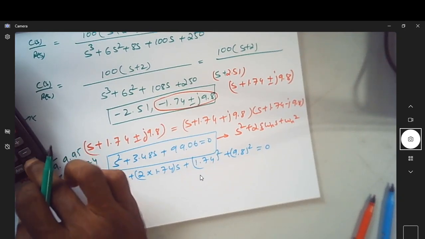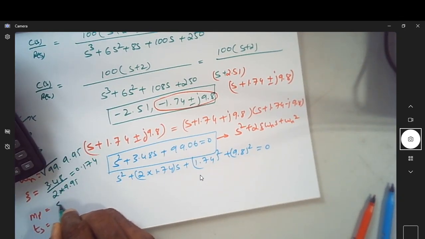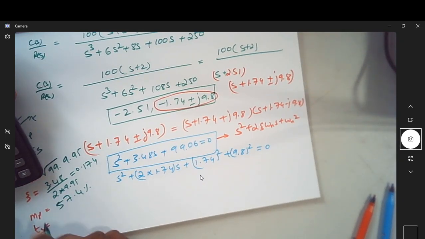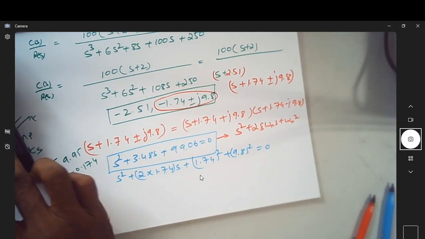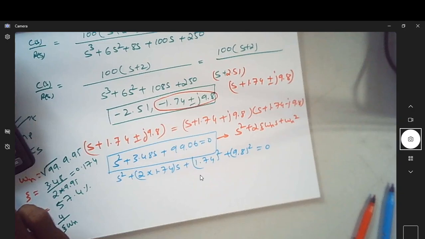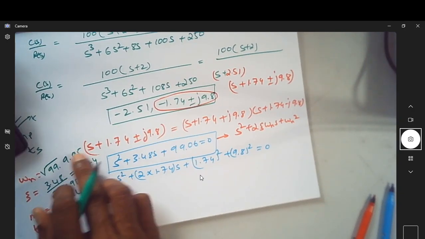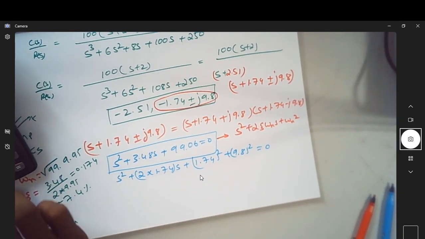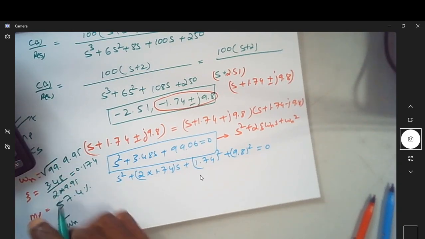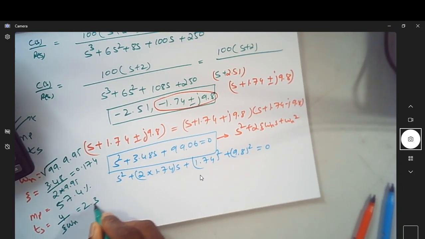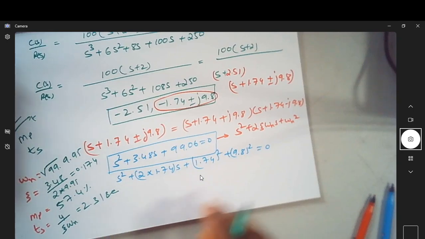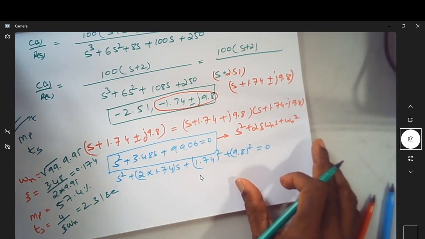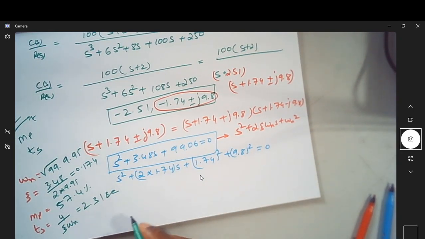So now it is 57.4% is my MP. TS is how much? TS is 4 by zeta omega n. So it is 4 divided by 0.174 multiplied by 9.95, which is 2.31 second. Let us also identify how much is ESS.